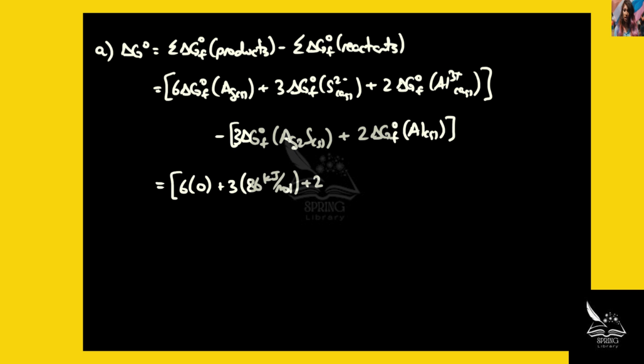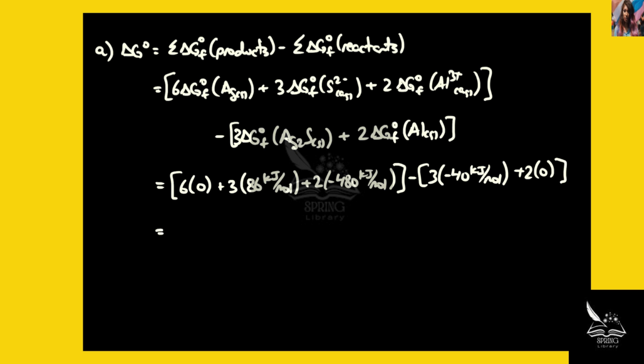And then for aluminum 3 plus, it's negative 480 kilojoules per mole, minus 3, and then for Ag2S is minus 40 kilojoules per mole, plus 2, and for aluminum this would be 0. And working out our delta G naught here, we find that this is equal to negative 582 kilojoules per mole.